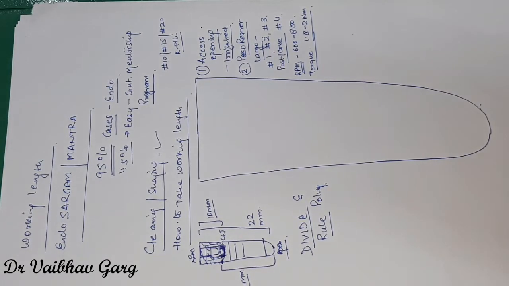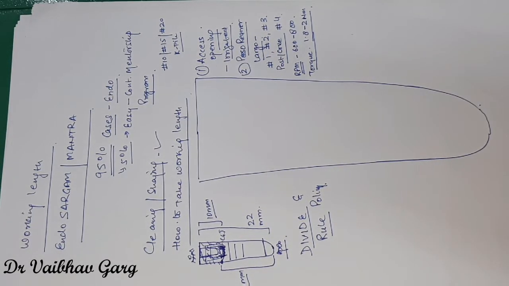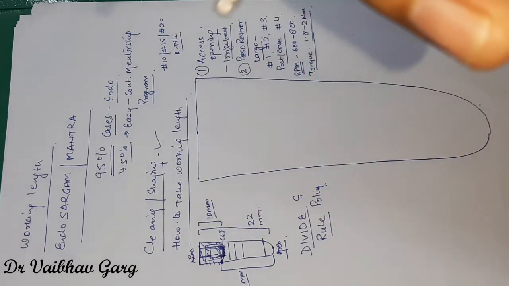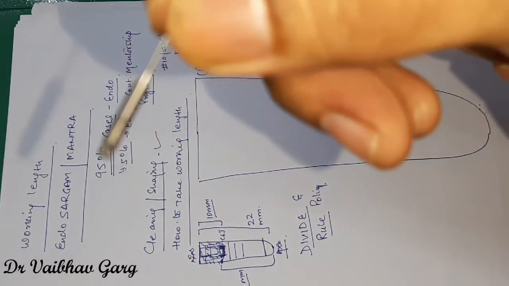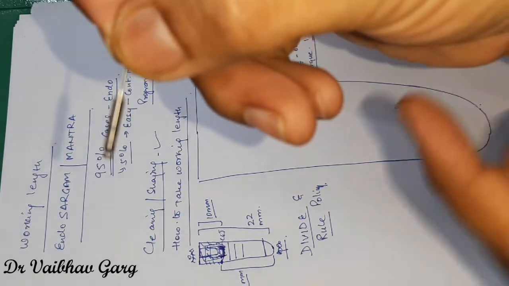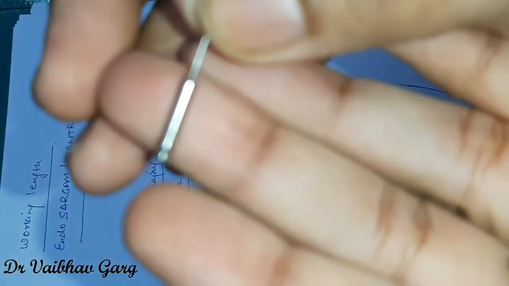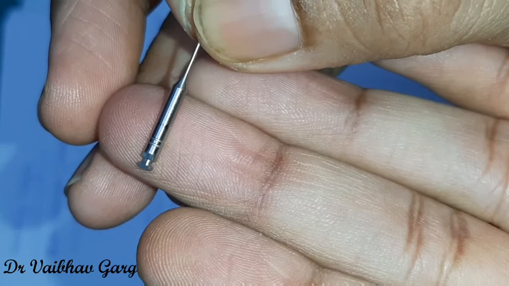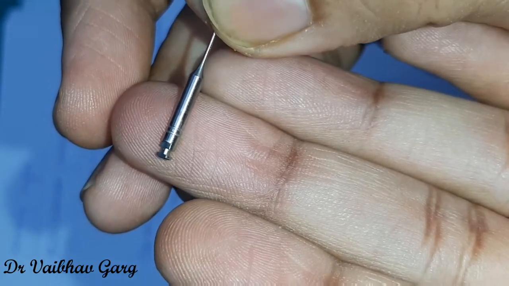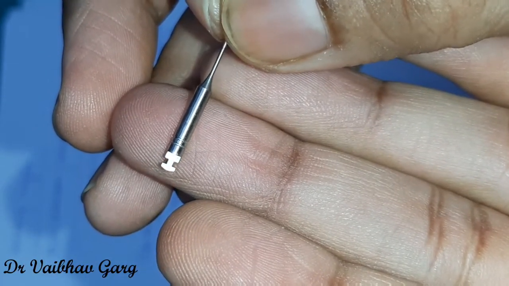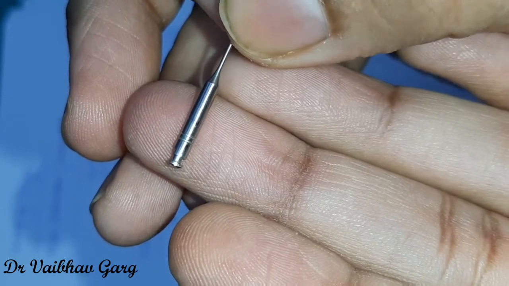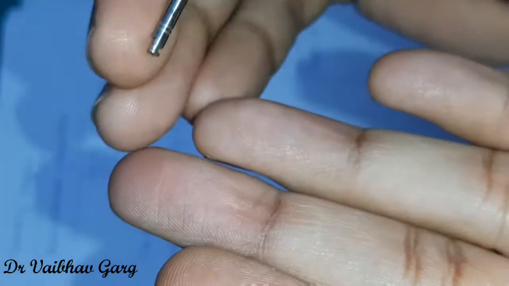How to recognize a piezo reamer and how to recognize what number it is? If you see properly, see this. You can see 2 rings here. 2 rings. This determines the number of the piezo.